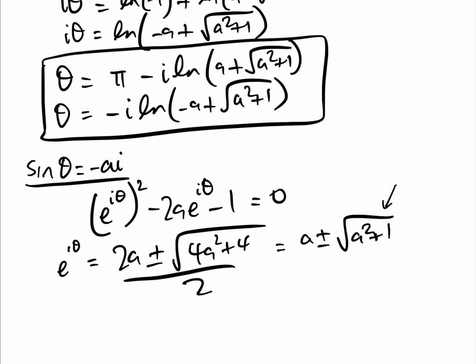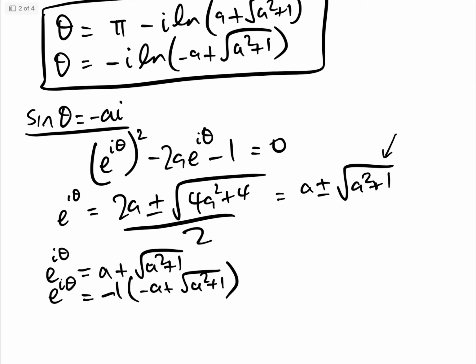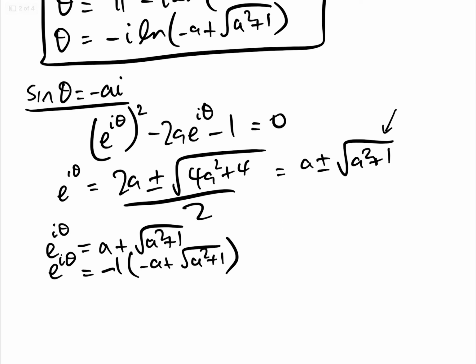So again, we have to split because the square root of a squared plus 1 can be greater than a, and so therefore we split it into e^(iθ) equals a plus root a squared plus 1, or e^(iθ) equals minus 1 times minus a add root a squared plus 1, which solves our negative problem.